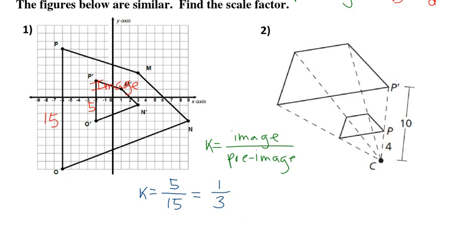Remember the importance of scale factors. The scale factors are related very closely to the two figures in their lengths. For example, any length in the image would be 1/3 of the original length in the pre-image. And we can see it here very easily. O prime P prime is 1/3 of the length of OP.